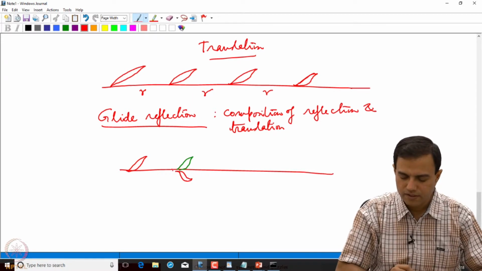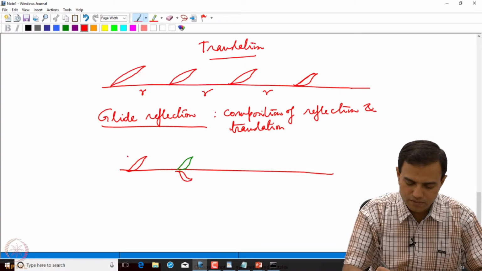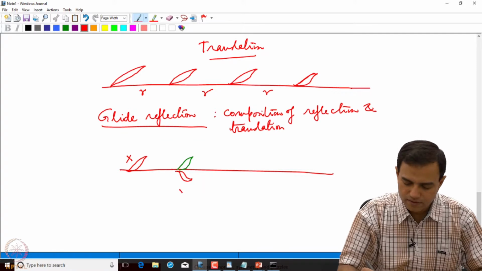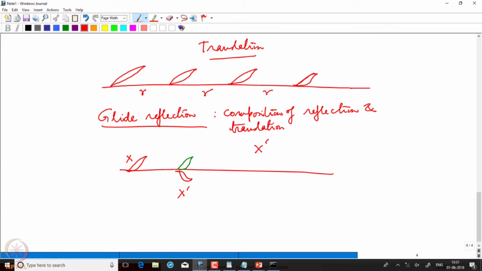Something. So, suppose this object is x dash. So, x dash is glide reflection of x.